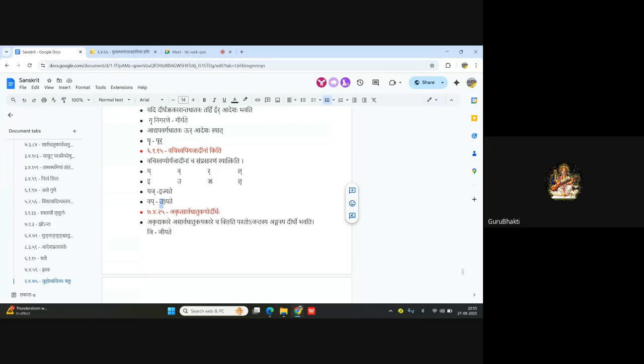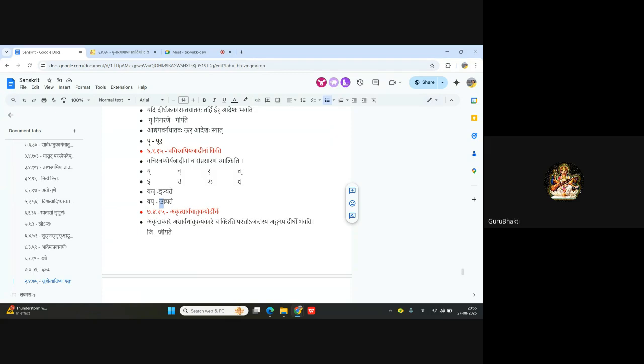In these nine dhatus, samprasaranam will happen.